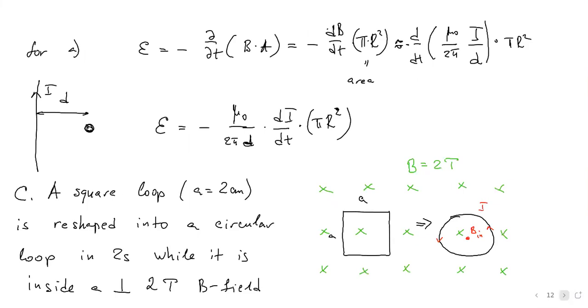If I want to do the same, but I'm going to reshape, all the same. But I'm going to reshape a 2-turn circular loop to 1 turn or vice versa. So let's say 1 turn circular loop.